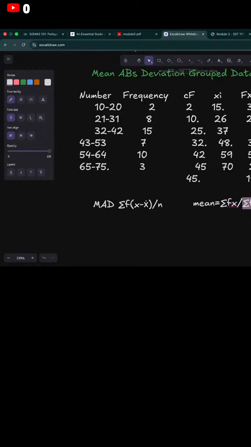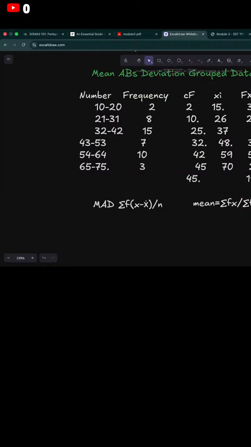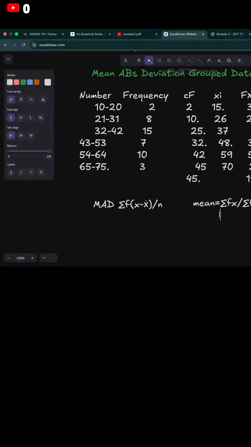So this is our total frequency, the 45. So our mean should be, let me calculate and write it. So we have 1989 divided by 45 is equal to 44.2. That is our mean.